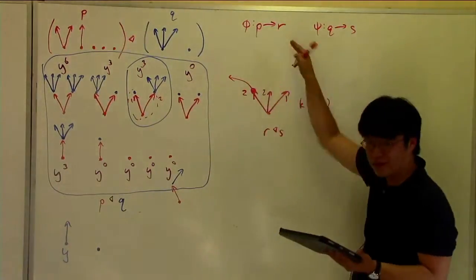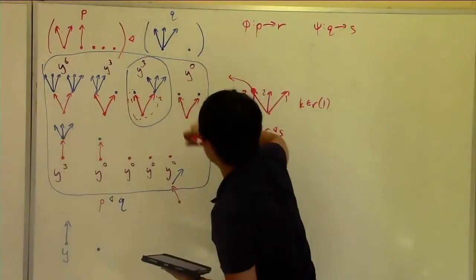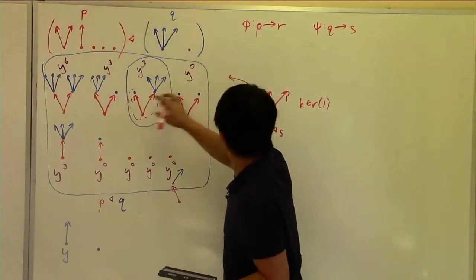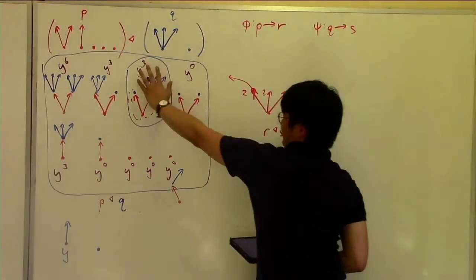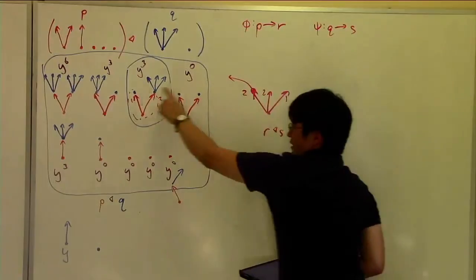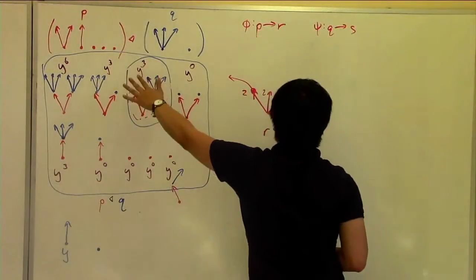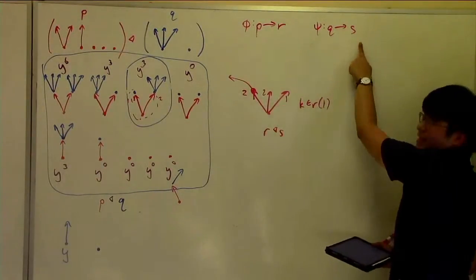And we learned this from phi sharp. And what that tells us is that the positions of Q of interest here are for this one, for this one, still this one, and for this one, this position. And then we can send each of these positions through psi to get a position of S for each of these positions of Q.